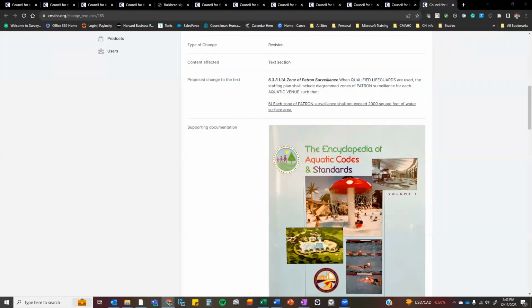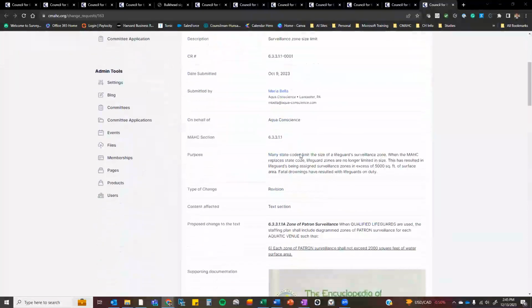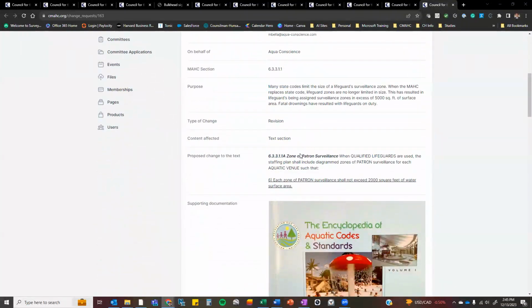They put a variance in there that if you could get a third party consultant that's on their list that would approve less than that 2,000 square foot, then you would be able to do it. And it just really didn't work. If you could do more than 2,000 square foot, they would allow the variance. But when I show up, typically I need more than the 2,000 square foot to actually make it work.